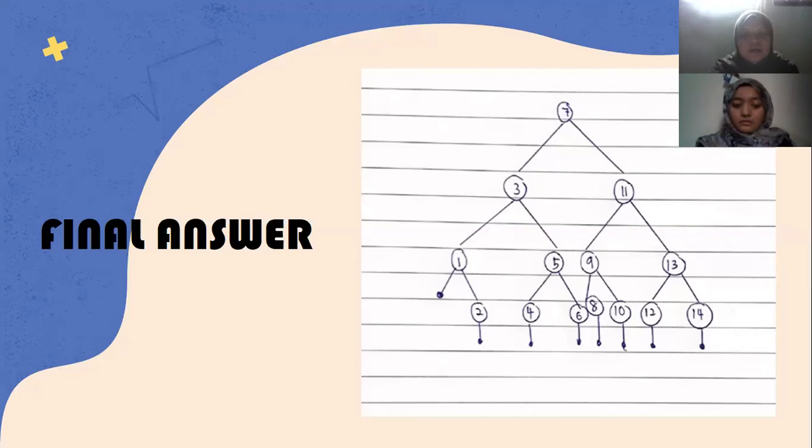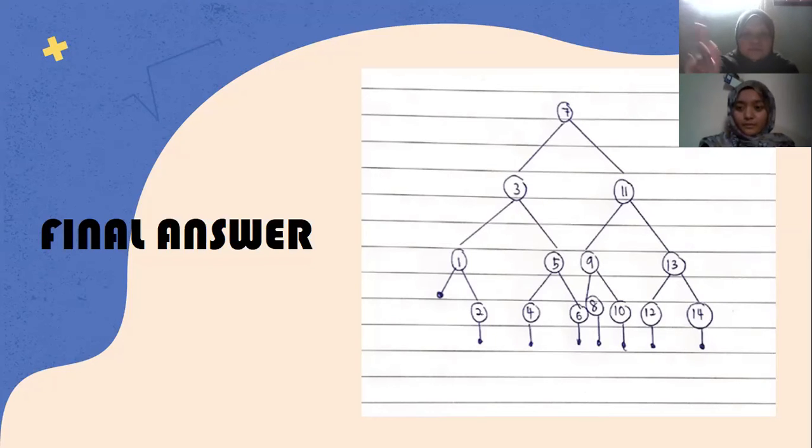So for number 1 and number 5, we have to put them under number 3 because we got them from root number 3. And 9 and 13, we will put under 11 because we got them from root 11.